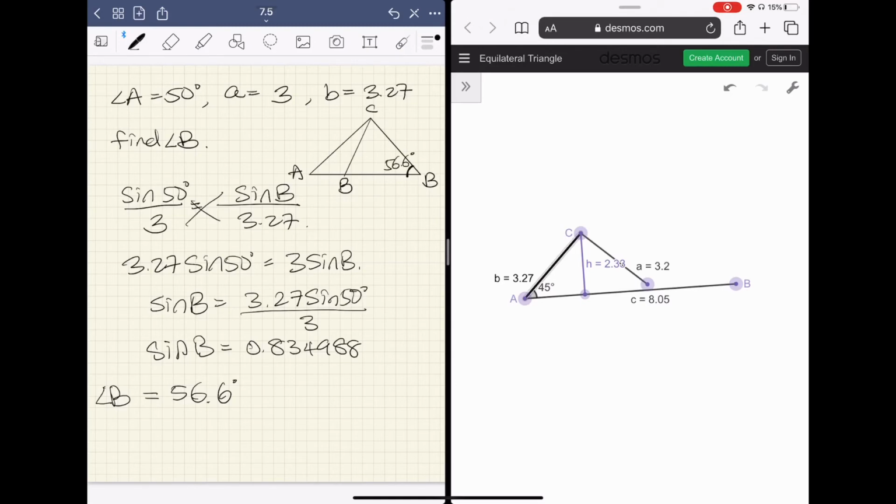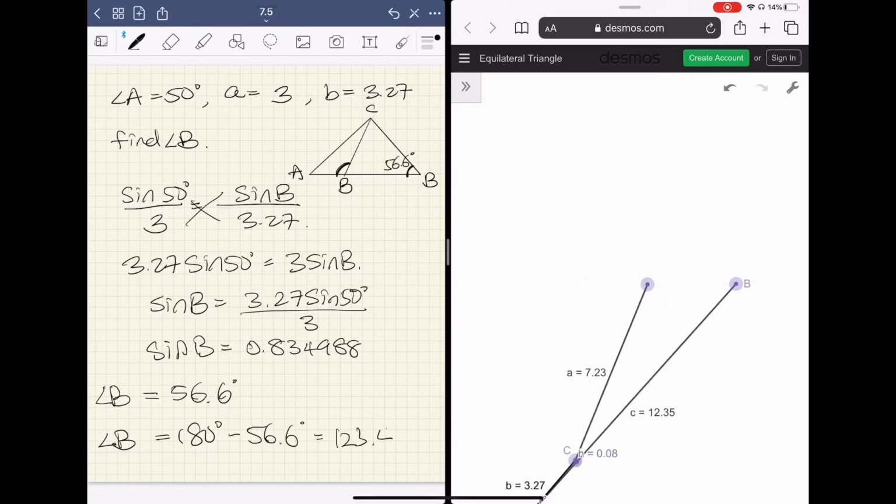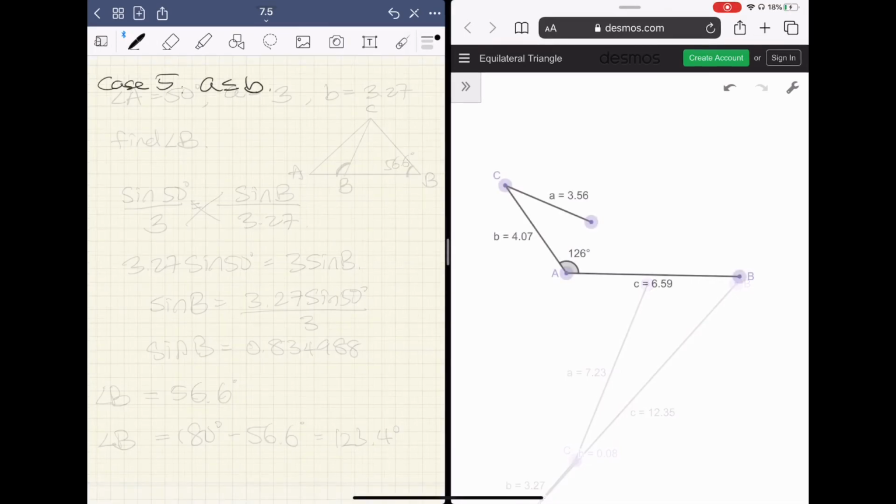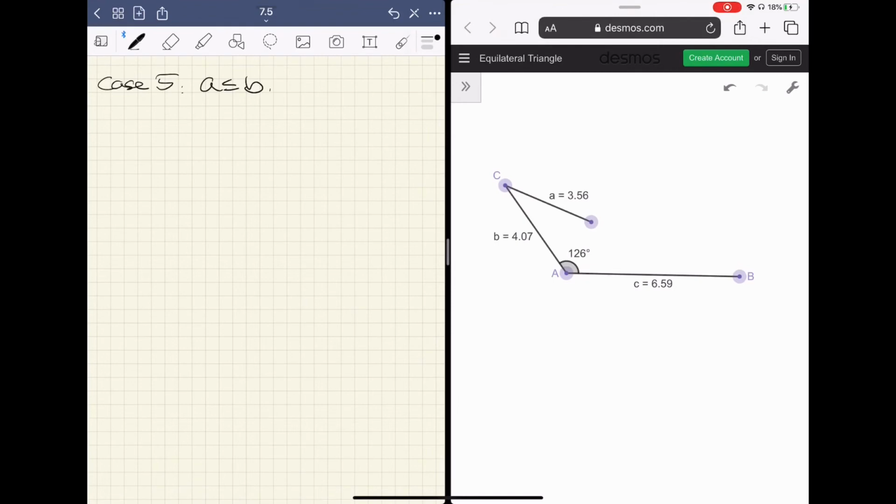So if we have the smaller triangle that looks like this, then what is this angle equal to? This angle, like we talked about, will be 180 minus 56.6 degrees, which is 123.4 degrees. So since we have two triangles, we'll need to have two angles for the question. Case number 5, when A is less than or equal to B.